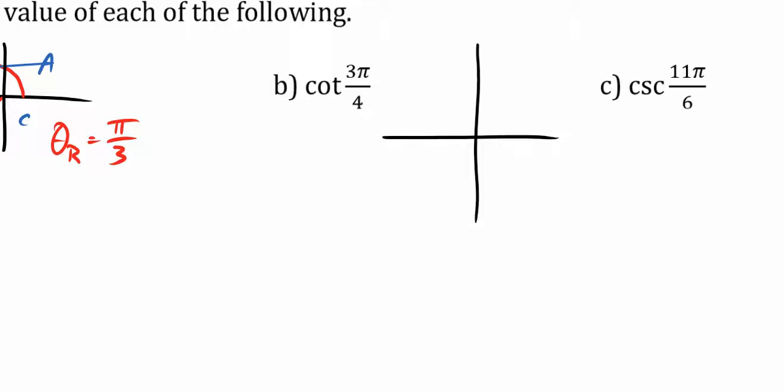Quadrant 2. So if I went all the way around, that would be 4 pi by 4. So I'm going to go back one. So I just get 3 pi by 4. And what's left is my related angle, which is pi by 4.